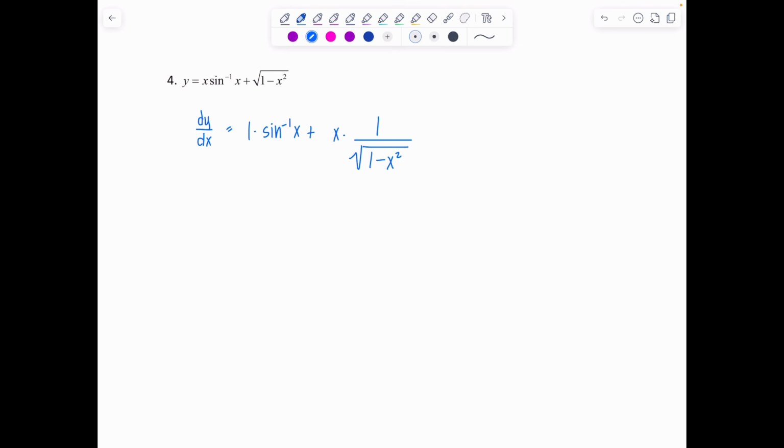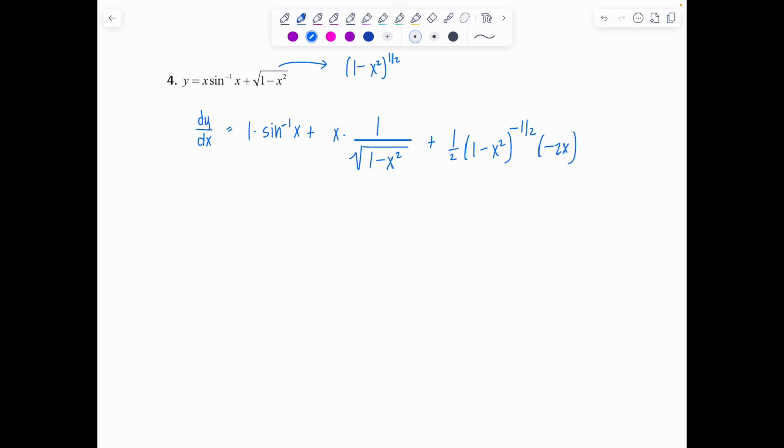Okay, plus, now I need derivative of 1 minus x squared underneath a radical. So remember, that's 1 minus x squared to the 1/2 power. So when I take the derivative, it's going to be 1/2, leave the 1 minus x squared alone, subtract 1 from the exponent, and then I have to multiply by the derivative of what's inside, which is negative 2x.